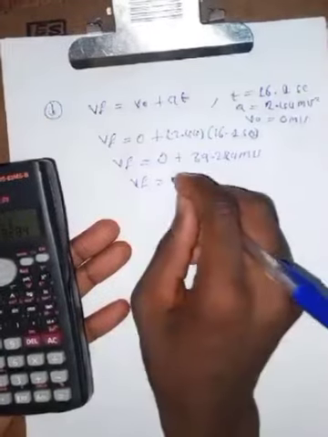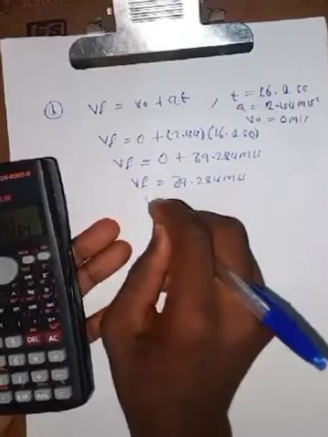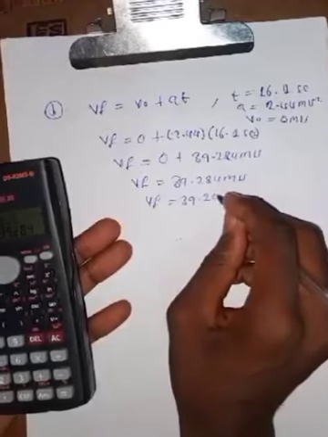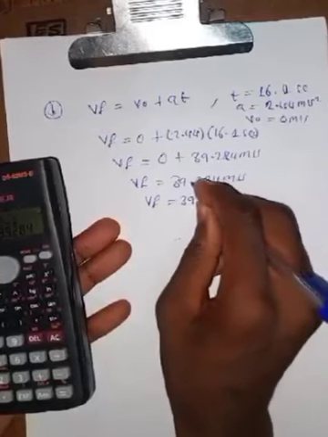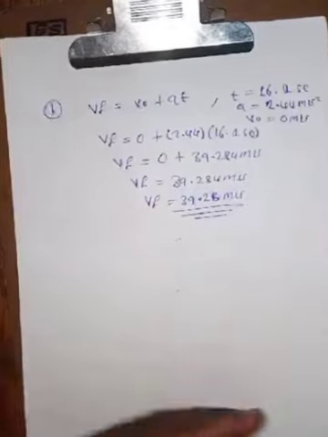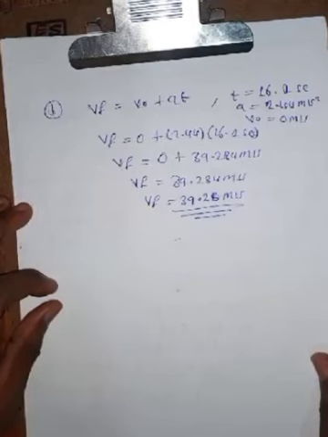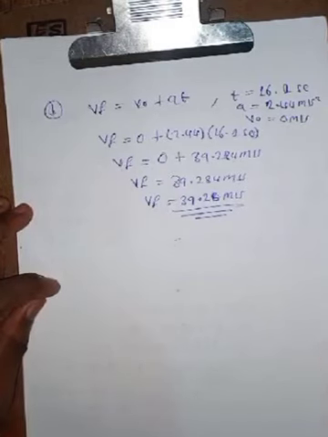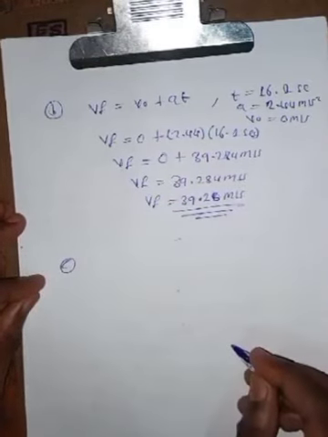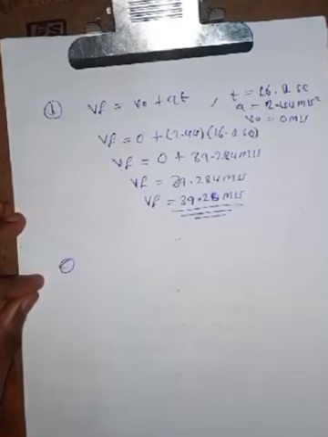So velocity final is simply going to be 39.284 meters per second, which can be rounded off to 39.28 to 2 decimal places. So the car was at 39.28 meters per second as its final velocity the moment it overtook the bus.